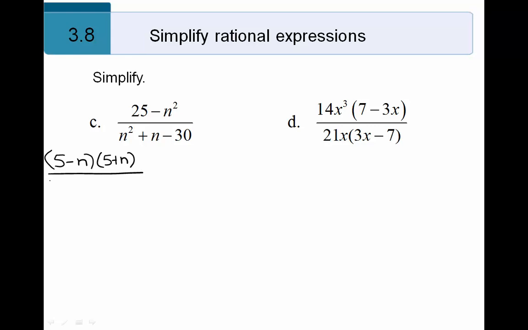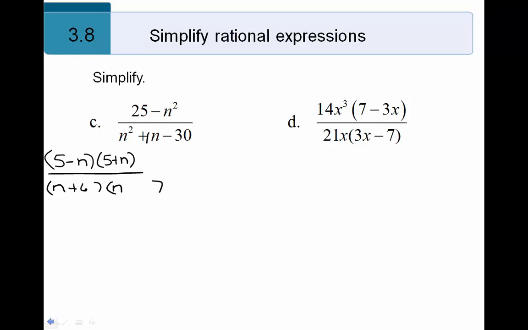And then down below that, n times n is n squared. And then I need to pick factors of 30 that will add up to 1n. So that's going to be a positive 6 and a negative 5.